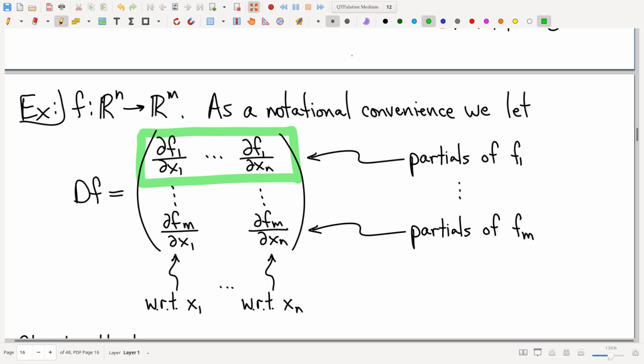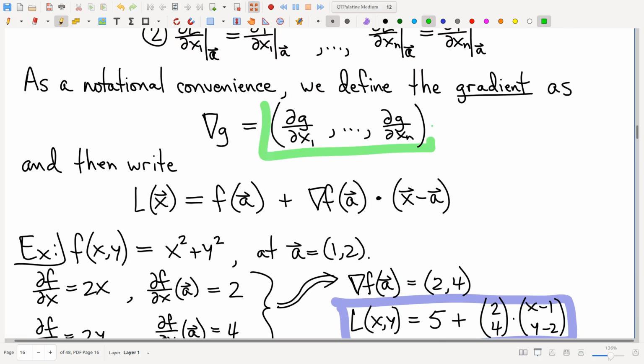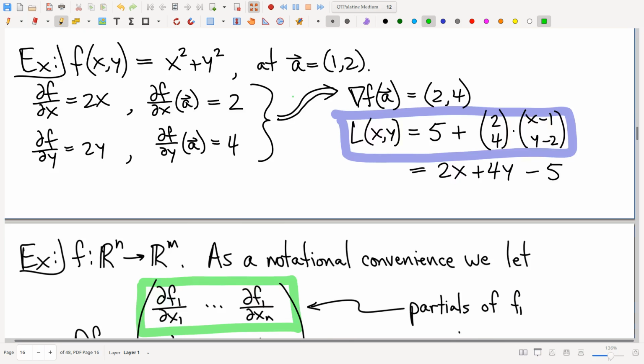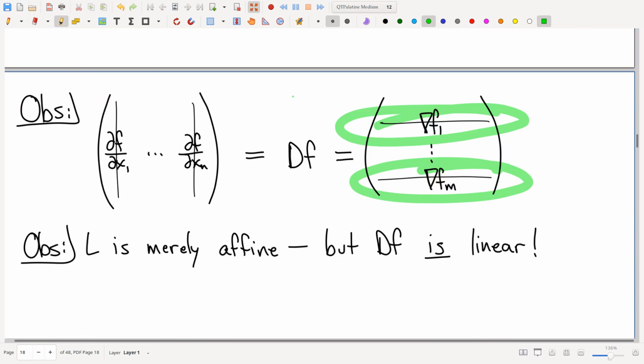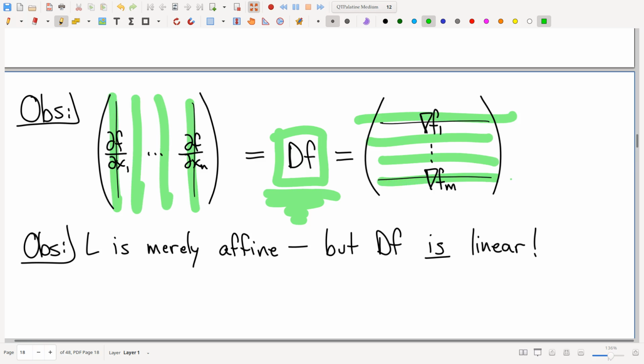That is the very definition of gradient that we wrote down right up here. So the rows are gradients. It's a neat little fact. This DF matrix, this thing that we're going to talk about so much in this chapter of the course: the columns are partials, the rows are gradients.